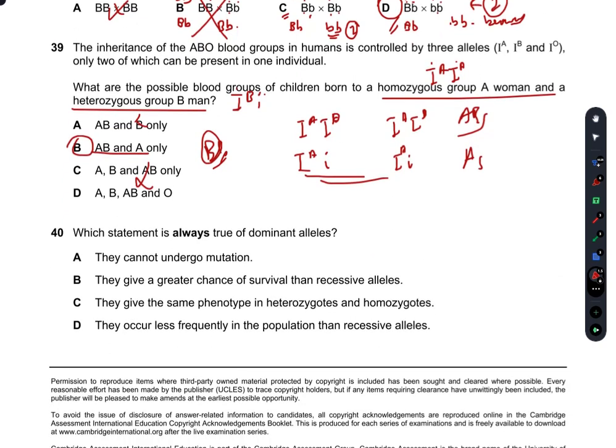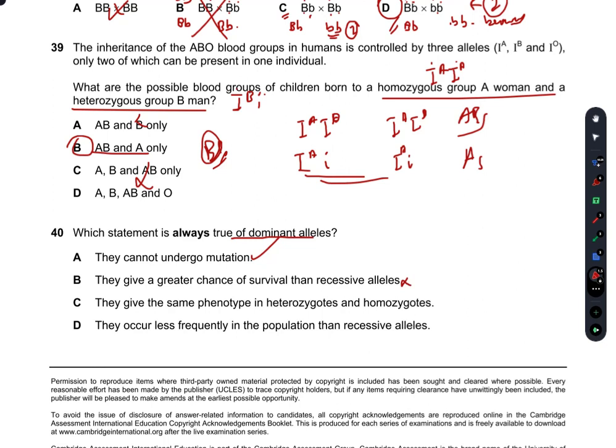Which statement is always true for dominant alleles? They cannot undergo mutation. They can. They give a greater chance of survival than recessive alleles. No, this is not true for all cases. They give the same phenotype in heterozygotes and homozygotes.